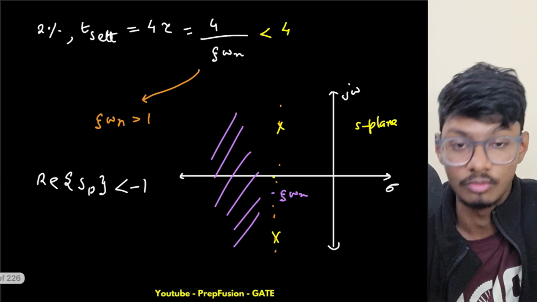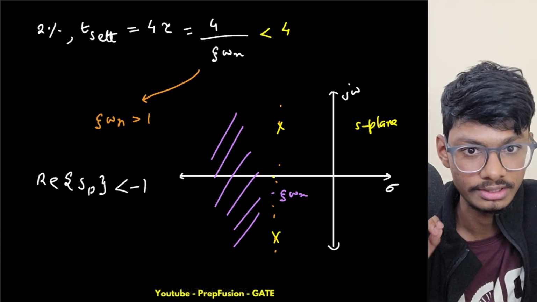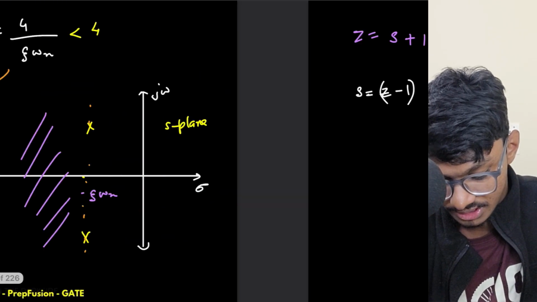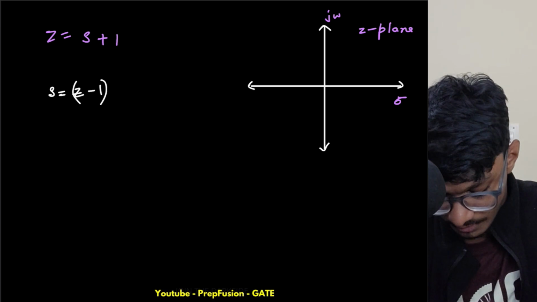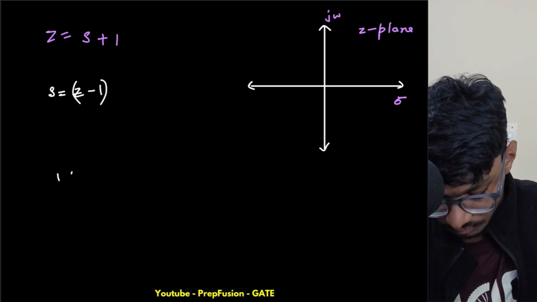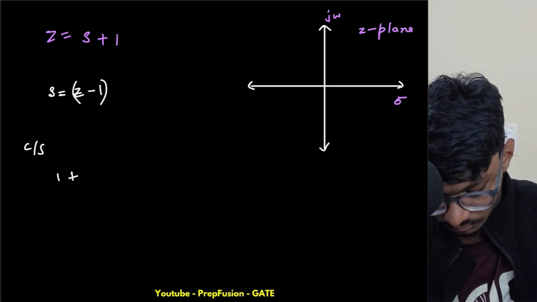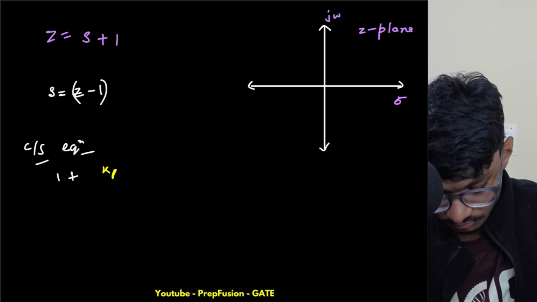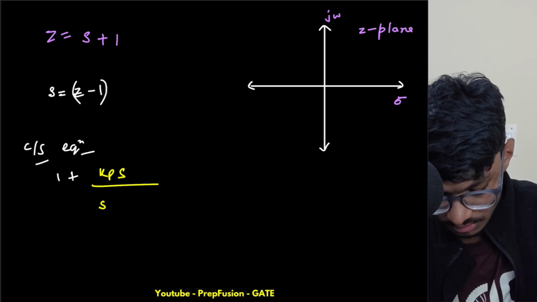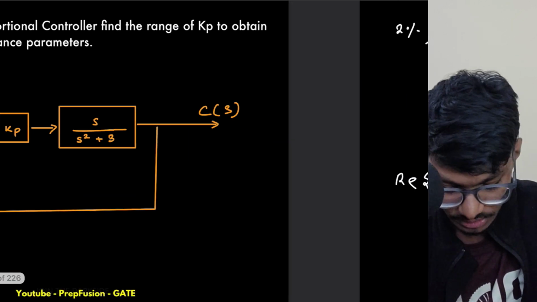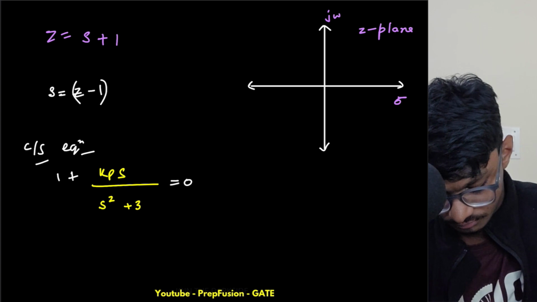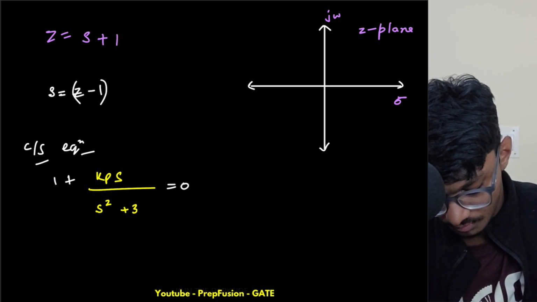Where do we apply the Routh? We apply it to the characteristic equation. So I have to write the characteristic equation. It is simply 1 plus Kp s divided by s square plus 3 equals 0.